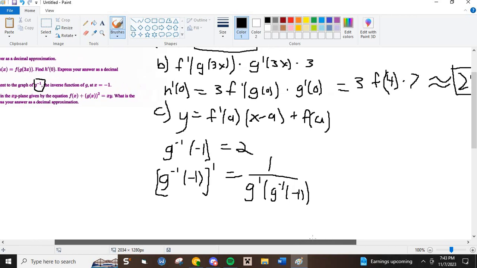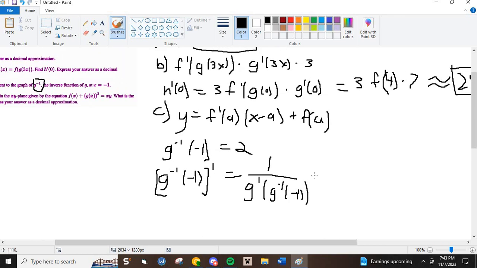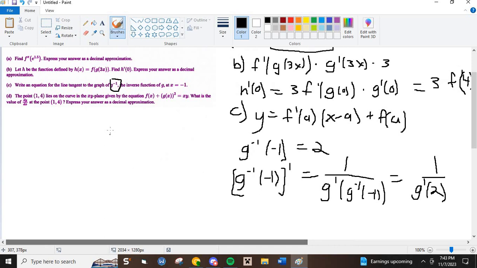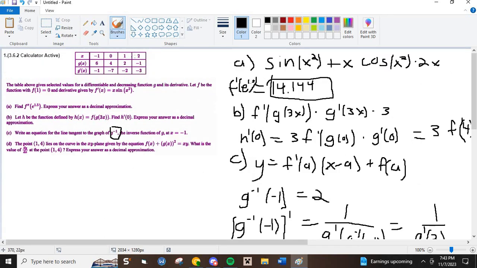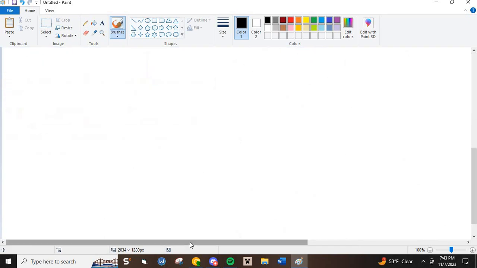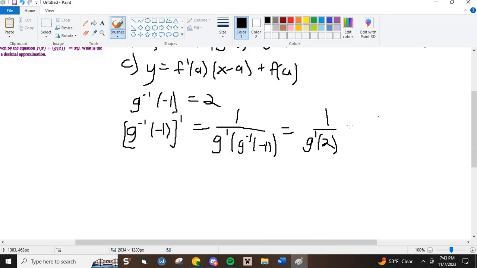And we already have g inverse of negative 1 right here. It's 2, so that's 1 over g prime of 2. Now if you look back at the table over here, g prime of 2 is going to be negative 3. So this is just negative 1/3. That's simple.